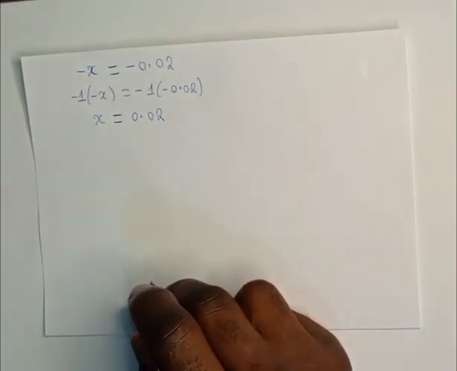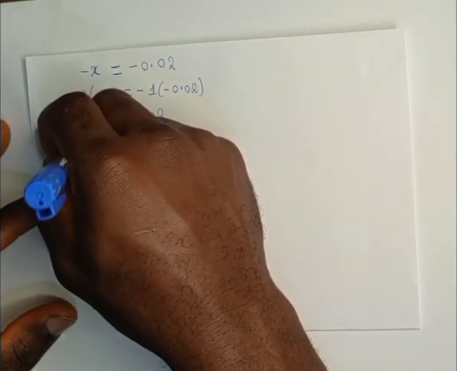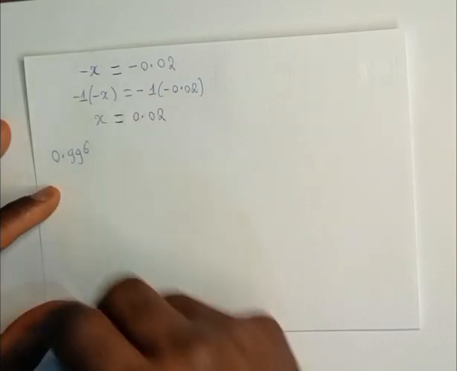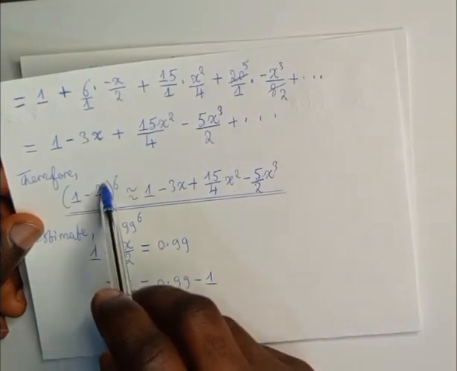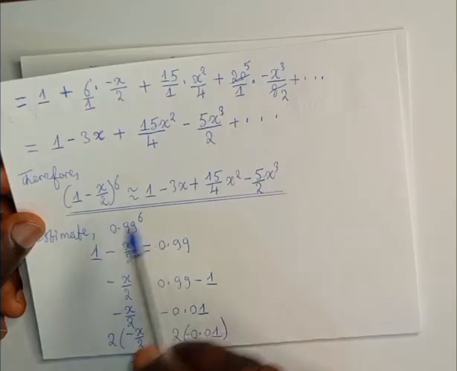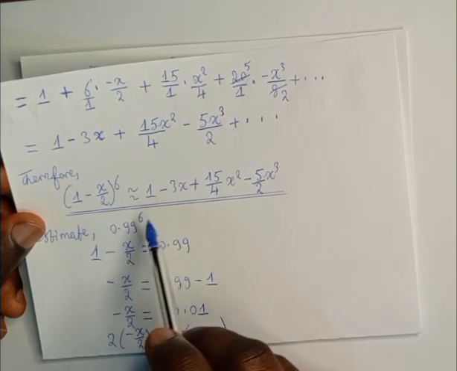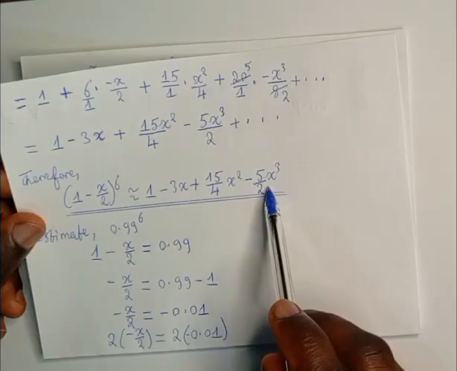Now, for us to get an estimate for 0.99 raised to the power 6, leaving our answer to 4 decimal places, what we are simply going to do is in the expansion of 1 minus x over 2 raised to the power 6, we are going to replace x with 0.02. That's what we are simply going to do.